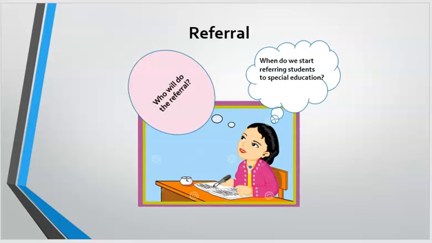And the question is, who will do the referral? Any adult who is closely working with a student can make a referral for evaluation, such as parents, teachers, counselors, the intervention team, principals, and other school professionals. If the referral is made by a person aside from the parent, then parent permission is needed.